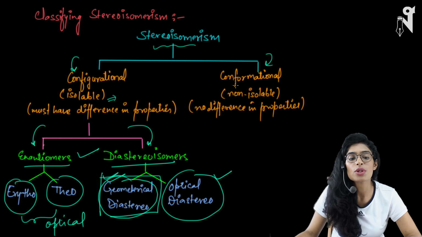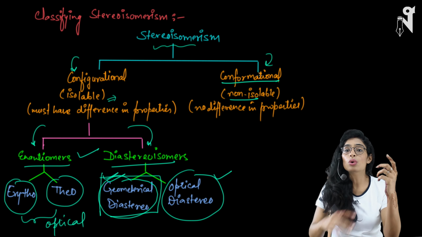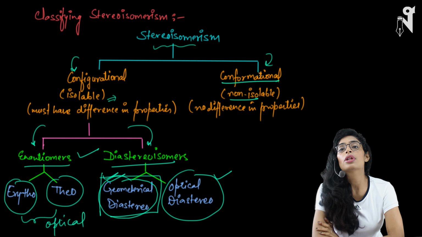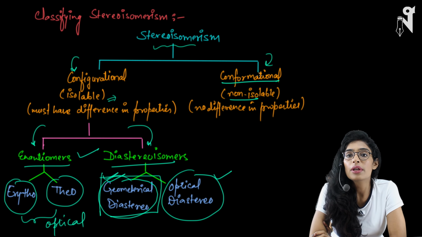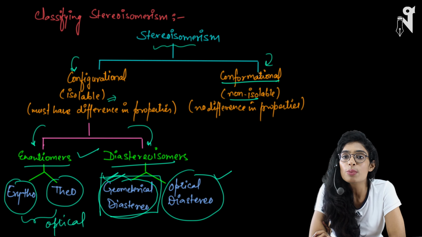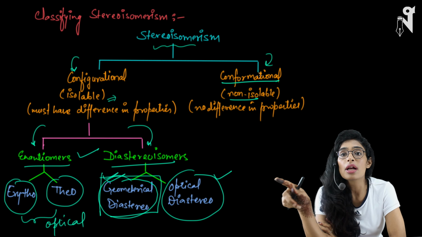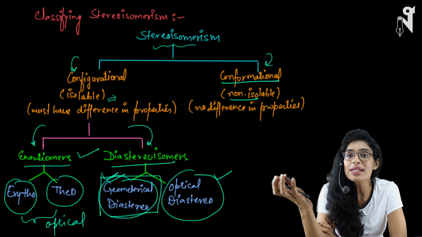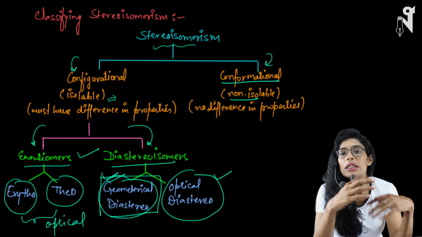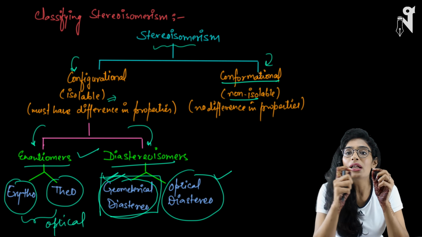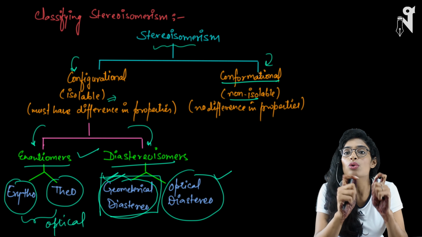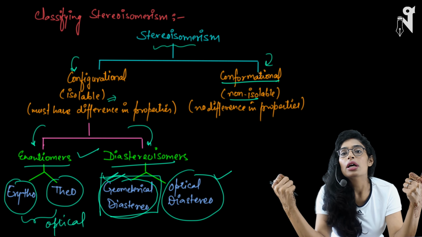Conformational isomers are the ones which are non-isolable. That means though they are changing their position or their attachments with respect to the 3D geometry, the transition from one isomer to another is so fast, or requires so little energy, that they are always interconvertible, and that energy cannot be useful in separating those isomers.